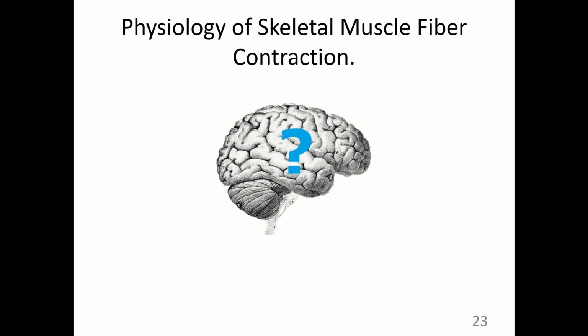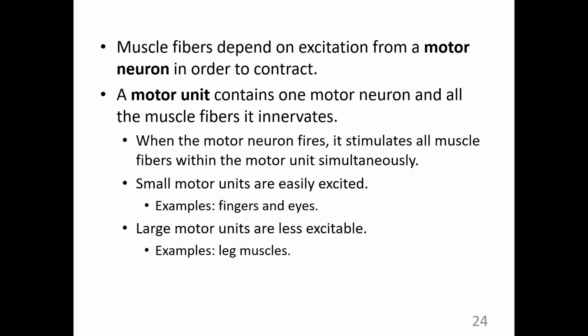Now let's look at the physiology of skeletal muscle fiber contraction. Muscle fibers depend on the excitation from a motor neuron in order to contract. A motor unit contains one motor neuron and all the muscle fibers it innervates. When the motor neuron fires, it stimulates all muscle fibers within the motor unit simultaneously.